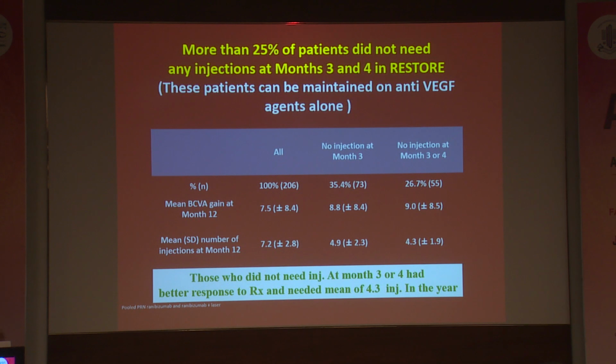If you're using ranibizumab, the 50% which you saw on aflibercept comes down to 25% with the ranibizumab, but again with 3 injections they too respond very well, and these patients require just around 4 injections in the whole year. So if you have this group, just maintain on whichever anti-VEGF he's taking.